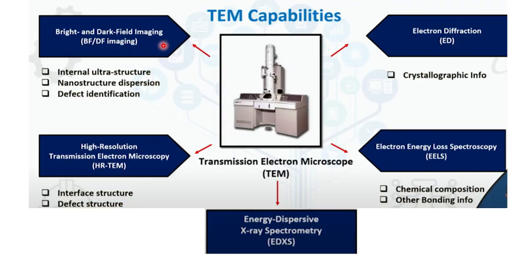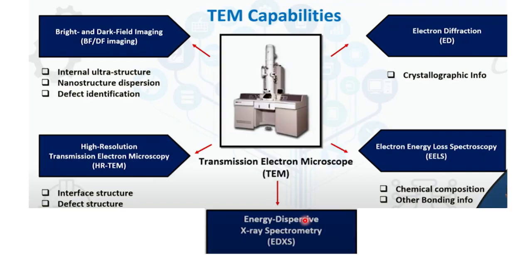So these are the different spectra of a TEM, showing what different things we can analyze. First is the bright and dark field image. Through observing and analyzing the bright and dark field image, we can get an idea about the internal ultrastructure, nanostructure dispersion, and also defect identification. Through HRTEM, we can probe the interface structure and also defect structure. On top of that, there is also energy dispersive X-ray spectrometry that is already accompanied with the TEM instrument. Through that, we can also check the compositional analysis.